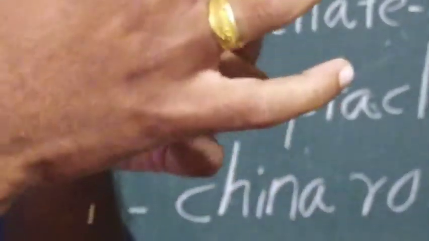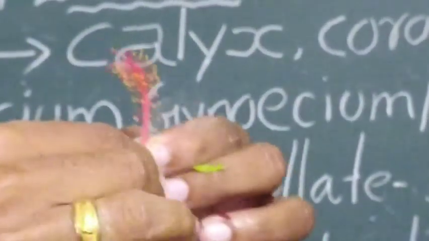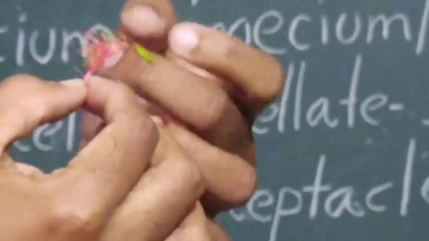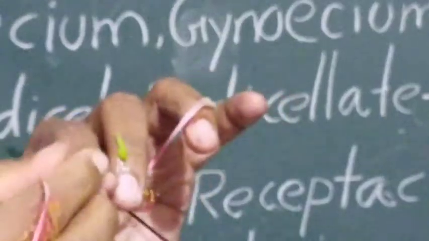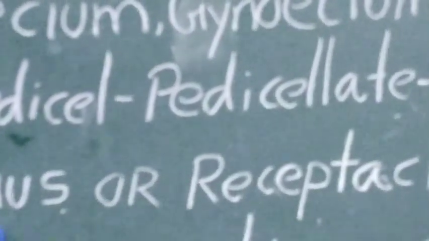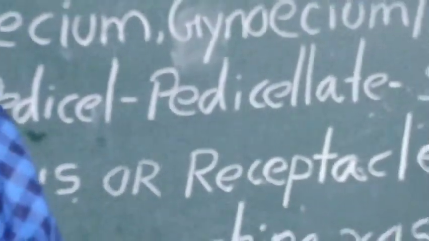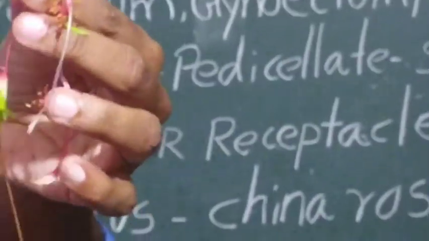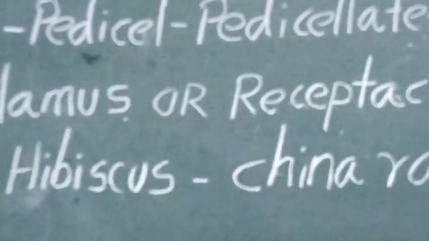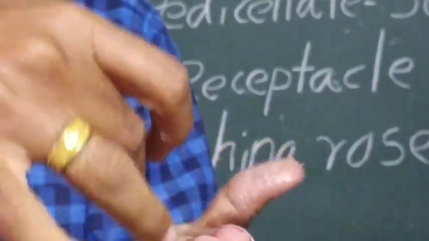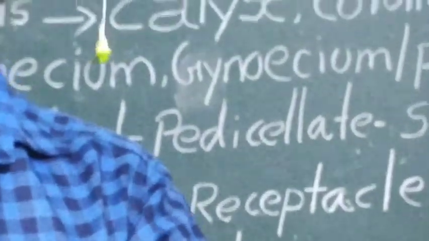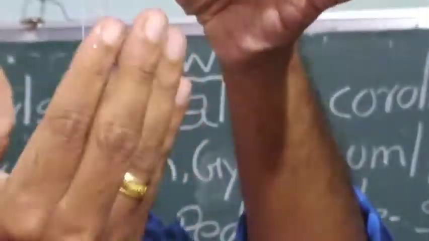This one is the androecium, and inside this we can see the gynoecium. I'm going to remove these things. Inside this we can see this part, which is known as the gynoecium.